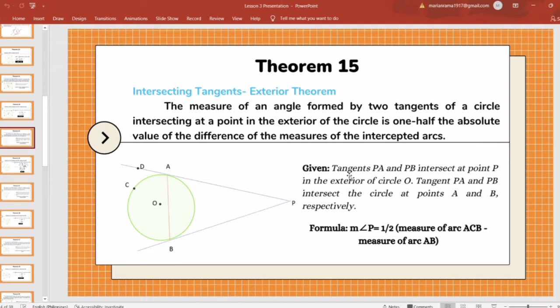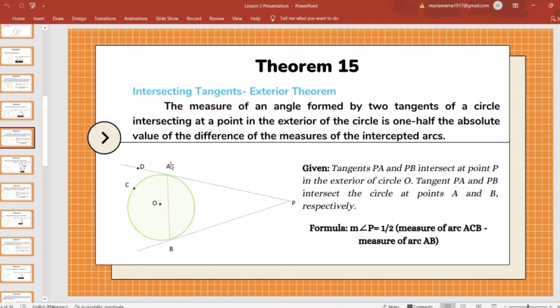So we have here our given: tangents PA and PB intersect at point P in the exterior of our circle O. Then tangents PA and PB intersect the circle at points A and B respectively. Then from that, we have this formula: angle P is equal to 1/2 times the measure of our arc ACB minus the measure of our arc AB.